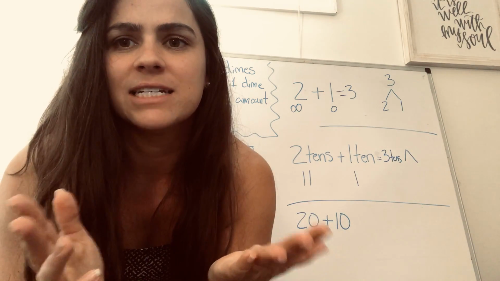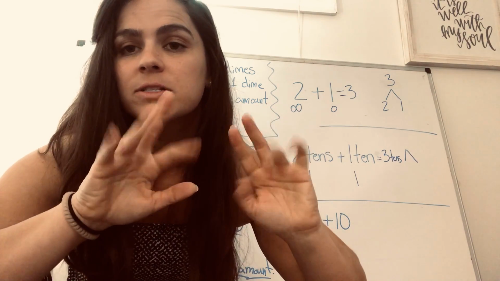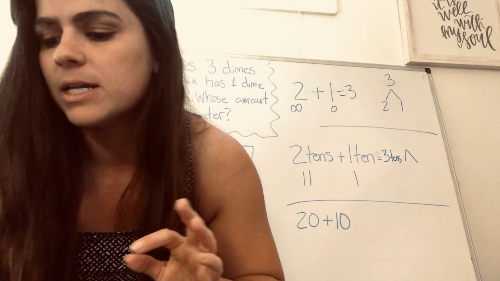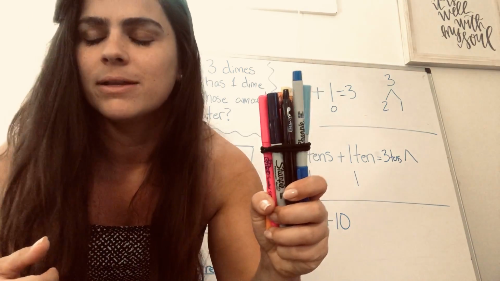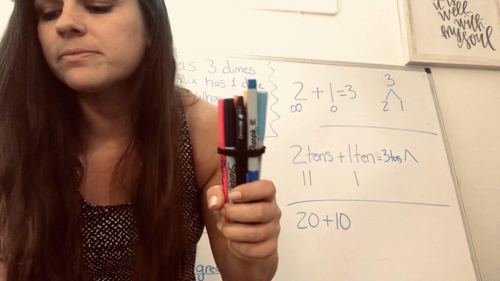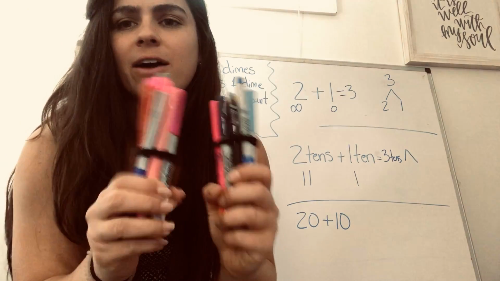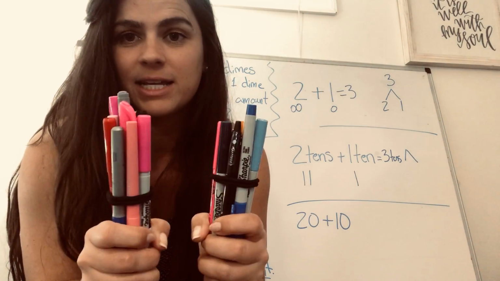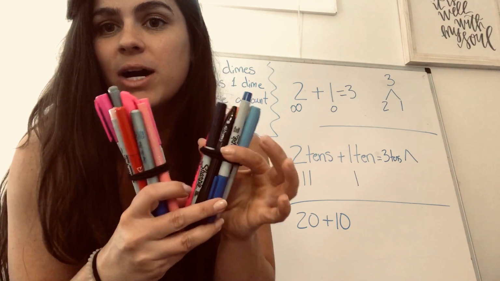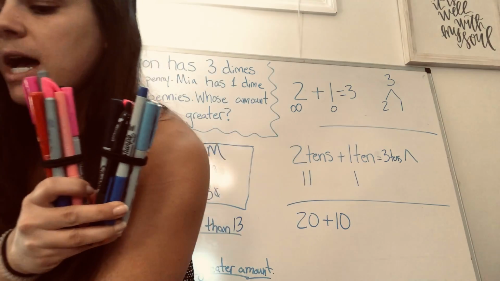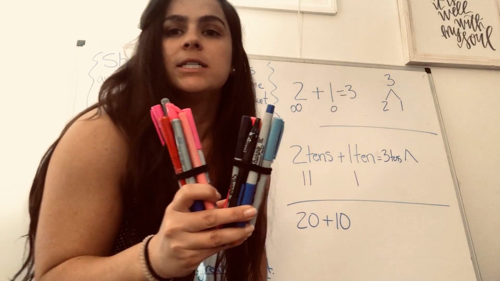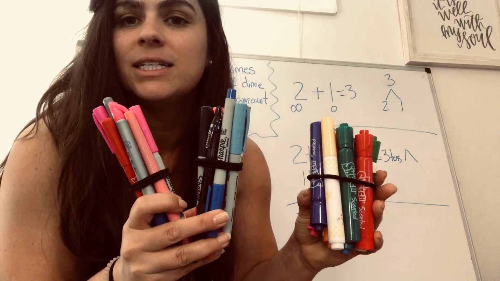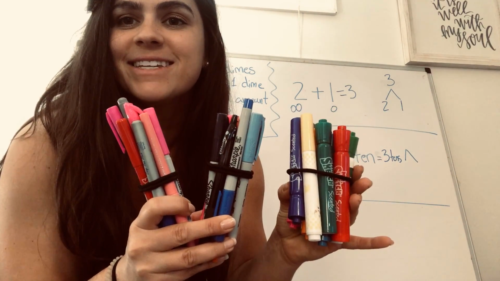We would have 3 tens. Then we would spread our fingers apart to see how many it is. So I've got all my pens with me from class to show you. I have 2 tens. Each bundle has 10 pens inside. 2 tens plus 1 ten equals how many tens?